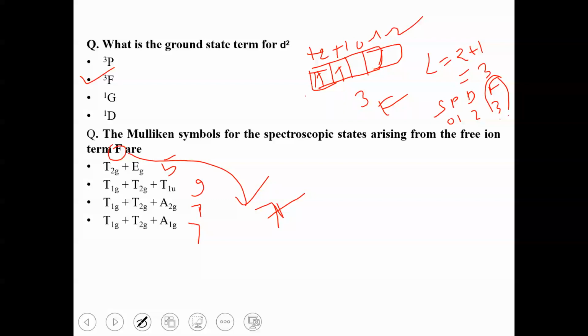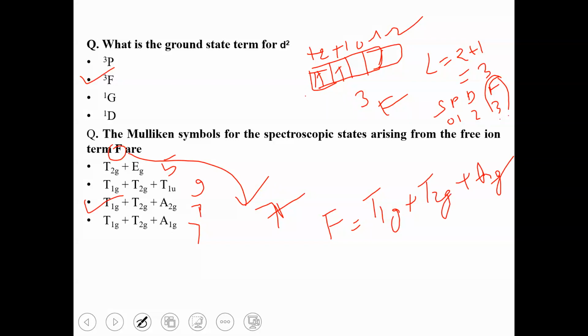So what will be the right answer? You know the F term is split into T1g plus T2g plus A2g, so this will be the right one. A1g will not be right.